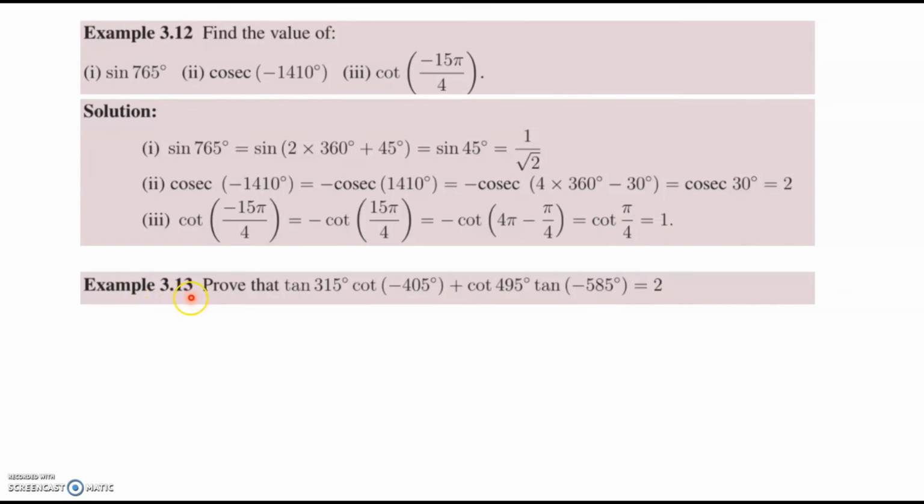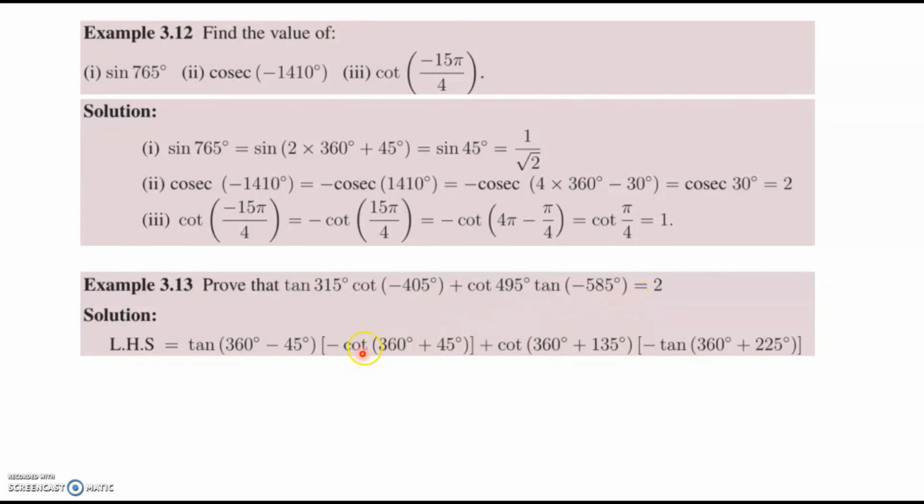Example 3.13. Prove that tan 315 degrees cot minus 405 degrees plus cot 495 into tan minus 585 is equal to 2. So let's take tan 315.